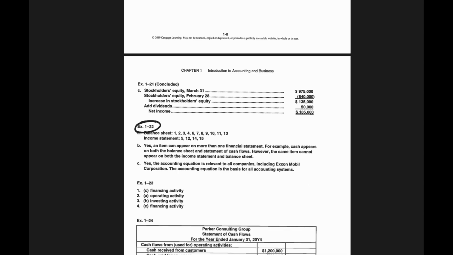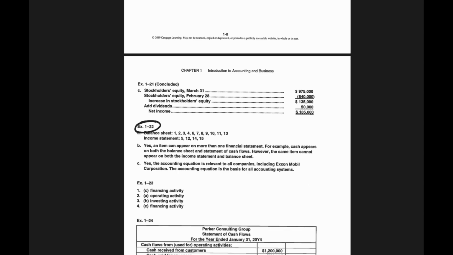Letter B, it says, can an item appear on more than one financial statement? Typically the answer is no, but the answer is actually yes, in the sense that there are items that will be on both the cash flow statement and the balance sheet. Cash is the perfect example.